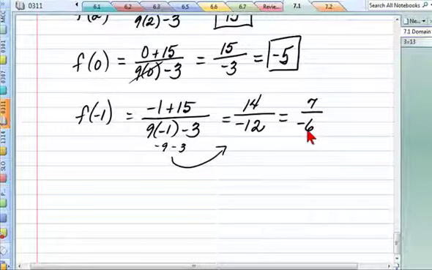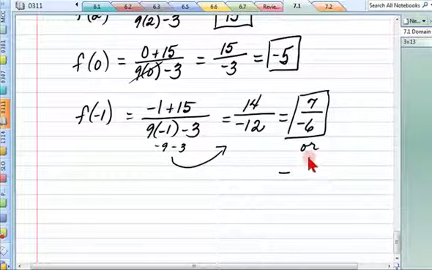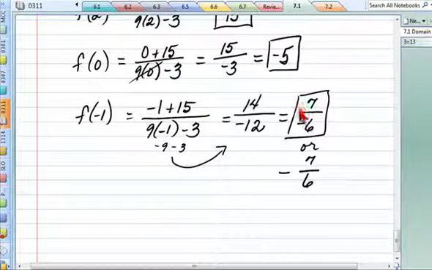Now, question. That's certainly an okay answer. What's a different way it could be written? Not as a mixed number. Don't give me that. Just deal with signs. Negative sign would be out. Yes. The negative sign could be out front, or it could be negative 7 over 6. I changed 2 signs. I changed the sign of the denominator and I changed the sign out in front. There's one more.